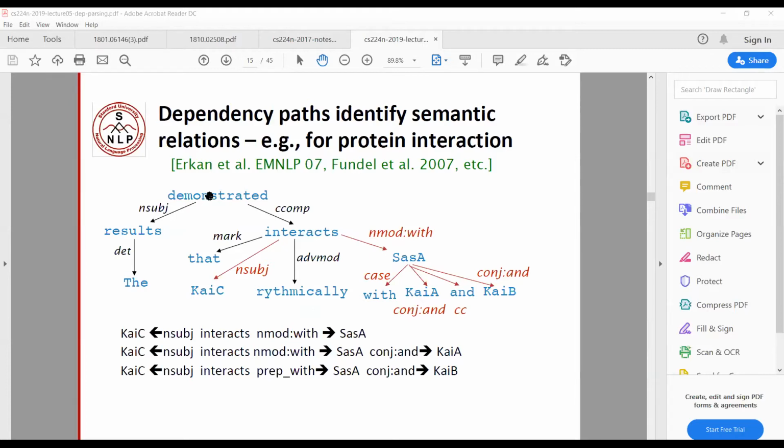The verb is at the top, and the subject that's actually doing the demonstrating is the results, and what is being demonstrated is that KIC, that's another subject, interacts, that's another verb, rhythmically is an adverb, that's how it modifies a verb. So ADV mod is an adverb that modifies a verb.